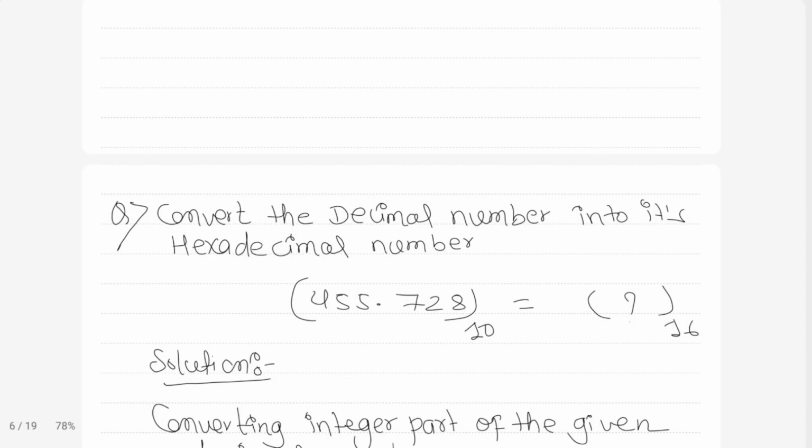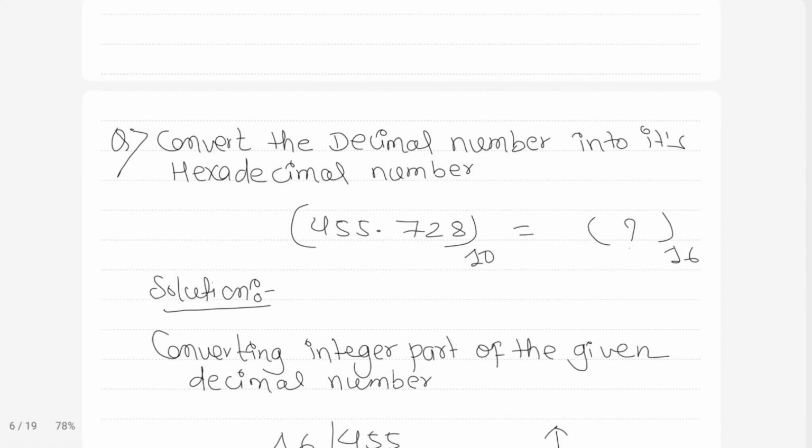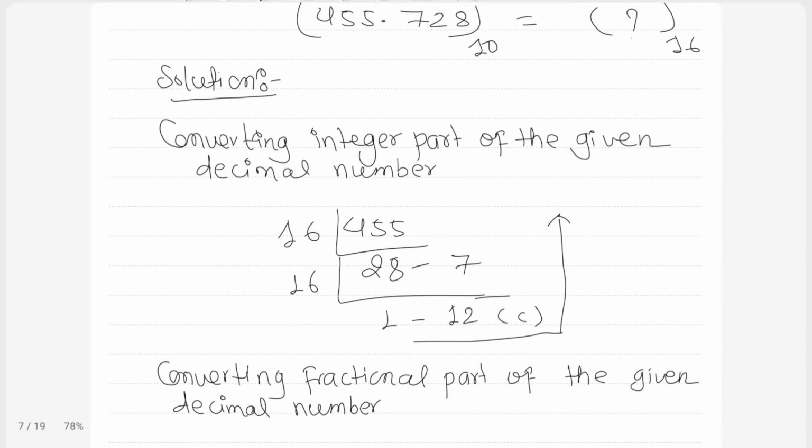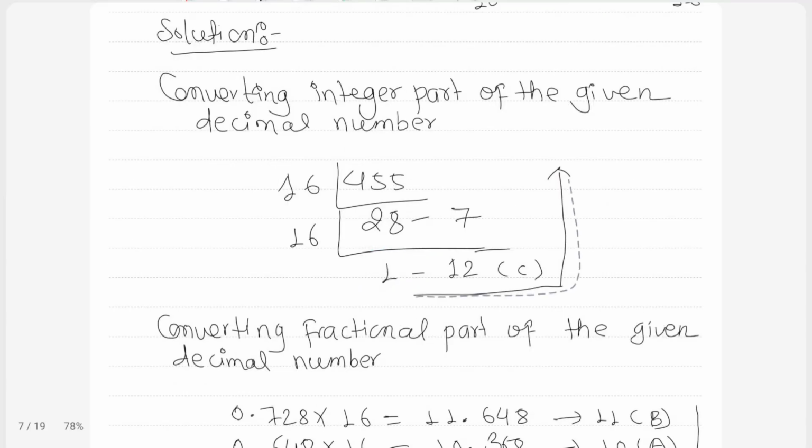When we have both an integer part and a fractional part, first we take the integer part, then we take the fractional part. The integer part we divide by 16 and put the remainders from bottom to top.